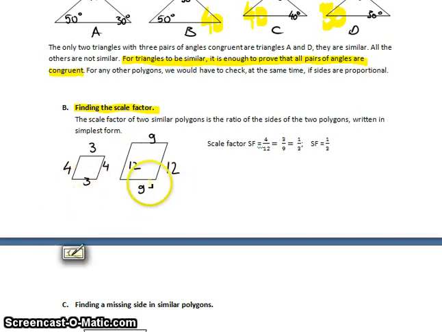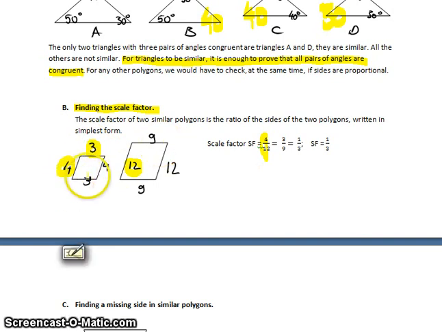We are given 2 parallelograms, and we are told that they are similar. The scale factor as a ratio of corresponding sides.